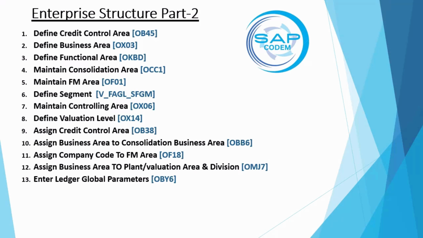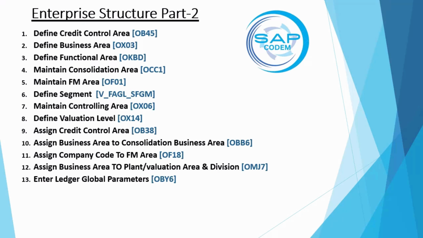You have to define credit control area, define business area, define functional area, maintain consolidation area, maintain financial management area, functional management area. Okay. Then you define segments, maintain controlling area, define valuation levels, assign credit control area, assign business area to consolidation area. Okay, and on and on.